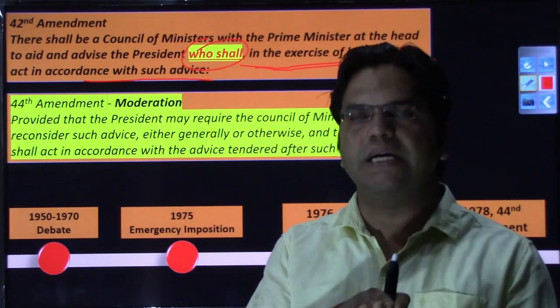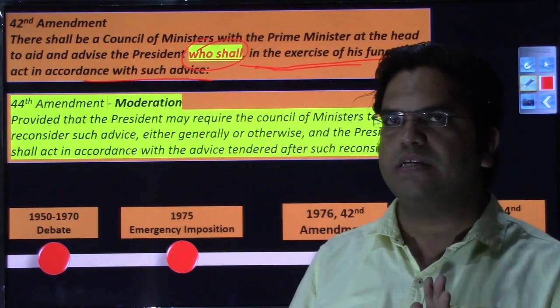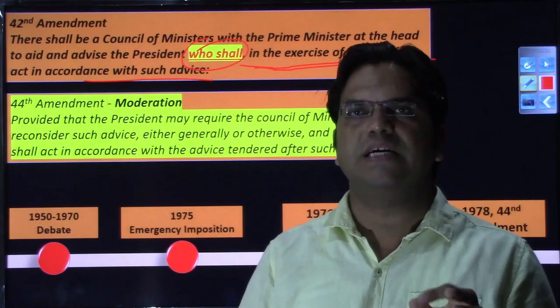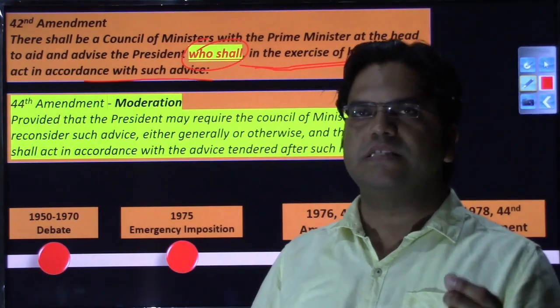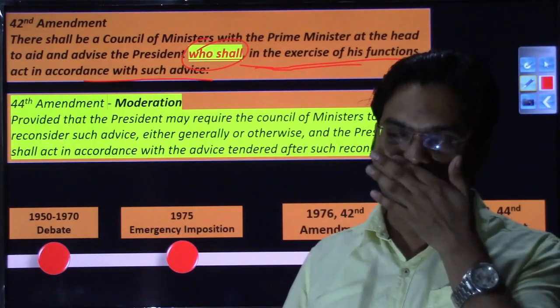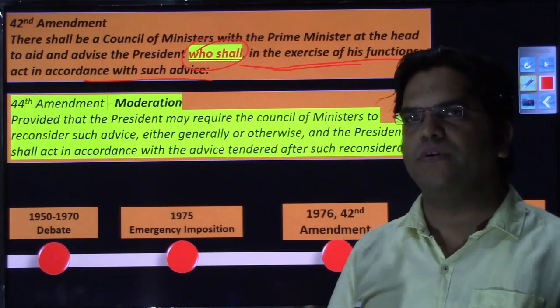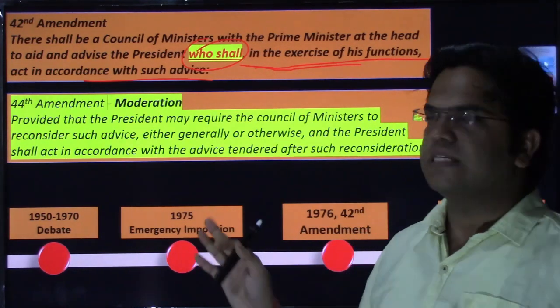It is completely incumbent on the Council of Ministers whether they reconsider that advice or not. If they return that advice again to the President, whether they changed it or not, the President will have no option but to assent.